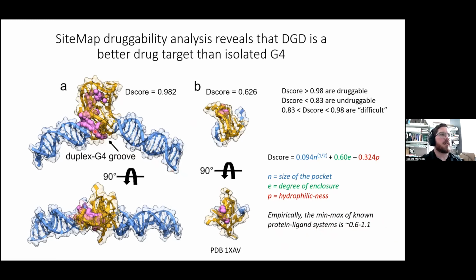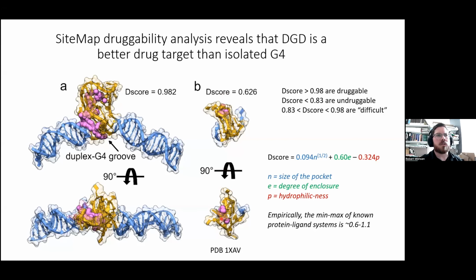What you can see here in purple are the 2 sites identified. For DGD, there's a very nice big groove between the duplex axis and the interface of the 5' end of the G-quadruplex, as well as it creeps up into the loop of the quadruplex, as well as partially this reverse complement region. Whereas with a small single quadruplex alone, there's not a lot of real estate to target, and so you see this little pink wad of gum here.